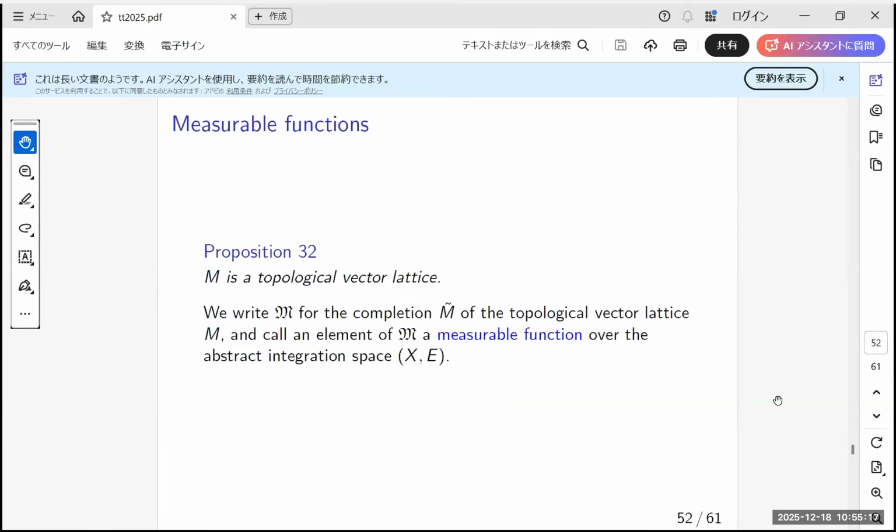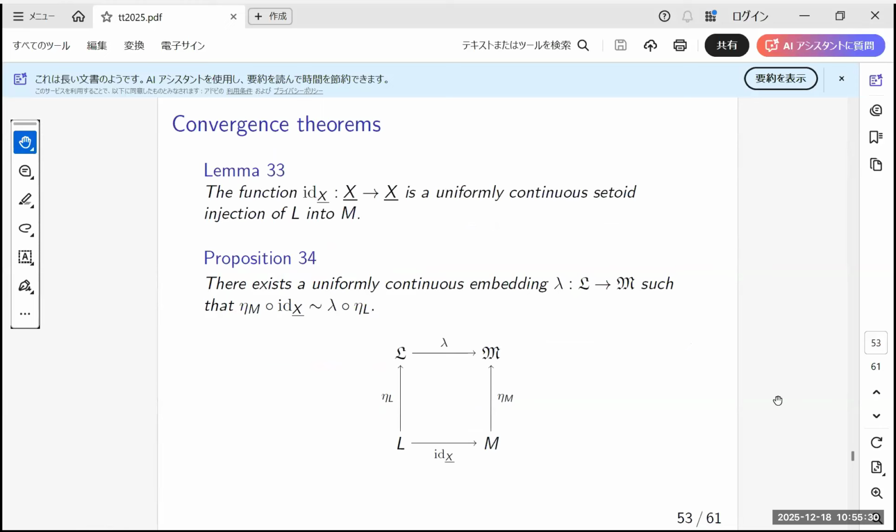Then M is a topological lattice, and we write M for the completion of that topological vector space, and call an element of M a measurable function. And the identity function is a uniformly continuous setoid injection of L into M. So there is a uniformly continuous embedding from L into M.